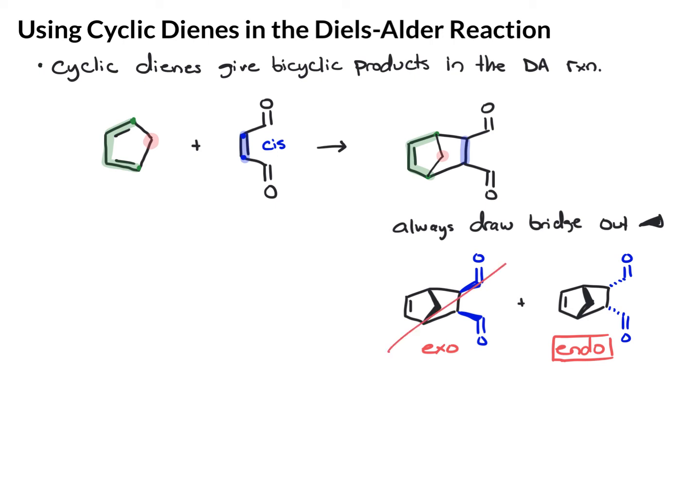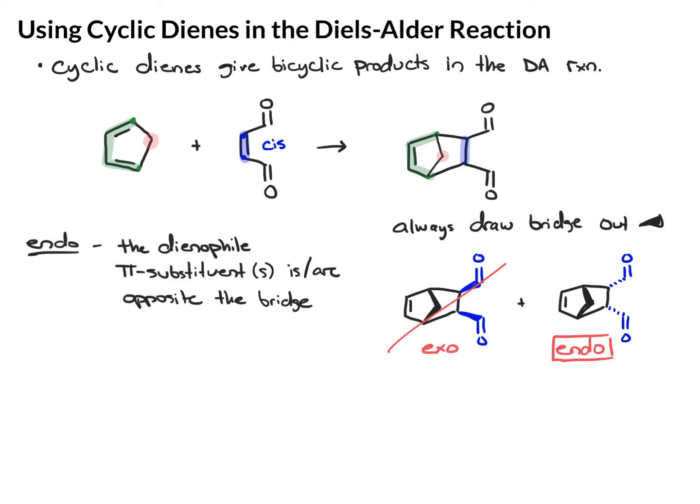So let's just define what the endo product is. That is when the dienophile pi substituent, or substituents in this case, the aldehydes, are opposite this small bridge that forms in the product. So if the bridge is out, these groups are back. That's endo.